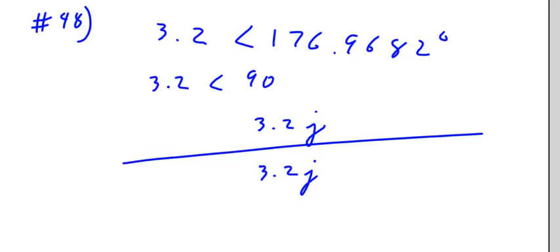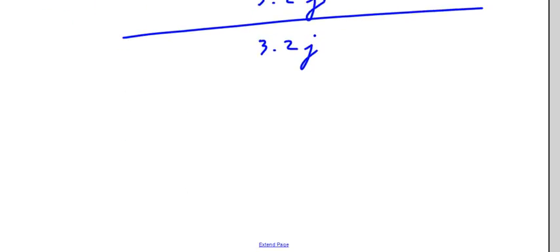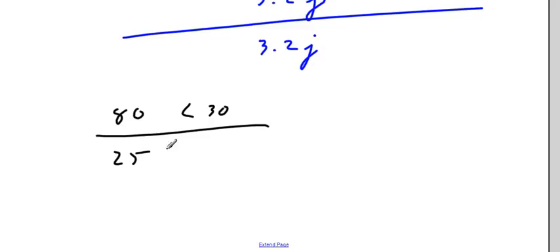Okay, now I'm not going to do it in my calculator. I'm going to do it differently. I'm going to say 80 angle 30 divided by 25 angle 300. And I'm going to divide both top and bottom by 5.